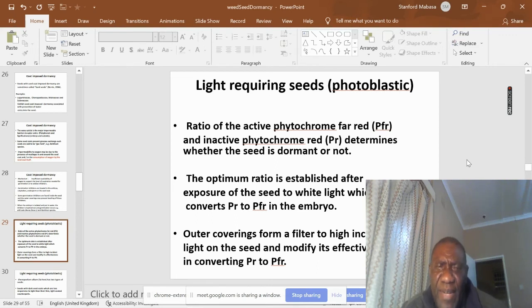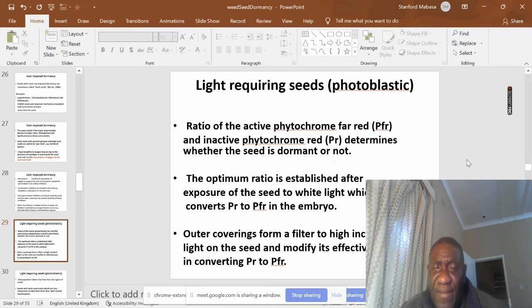The optimum ratio is established after exposure of the seed to white light, which converts PR to PFR in the embryo. I think this is what can cause the seed to germinate.